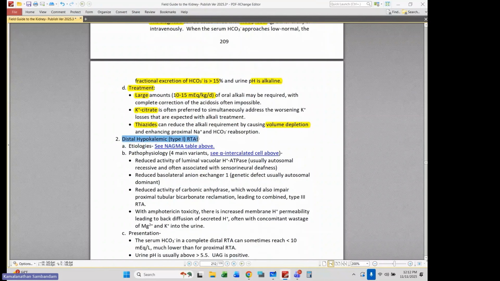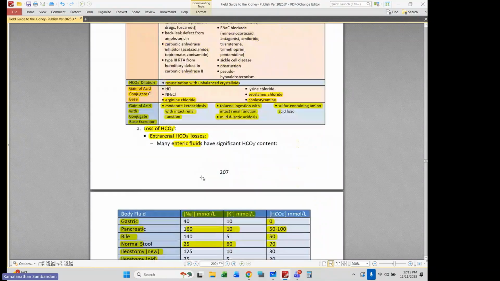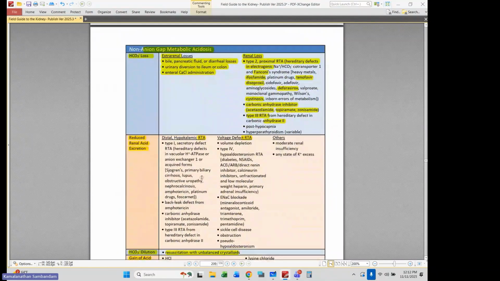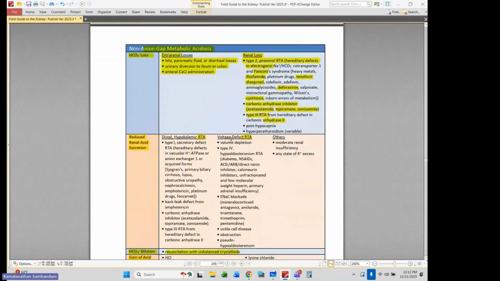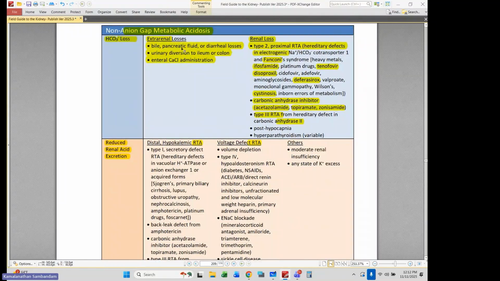Moving on to distal RTA, we can talk about etiologies by referring back to this summary table, right? So here we are, we've left the row of bicarbonate loss, of which we had extrarenal bicarbonate loss, such as pancreatic fluid, which has a lot of bicarbonate in it, or diarrhea, lower GI losses.